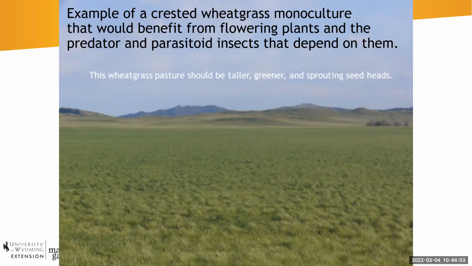It's kind of like the Field of Dreams, where if we build it, they will come. If you can provide them with that, then the insects are there. A lot of them can find stuff, but it might take several years before you get it reestablished. But again, if you lack those flowering plants, you'll never get them back.